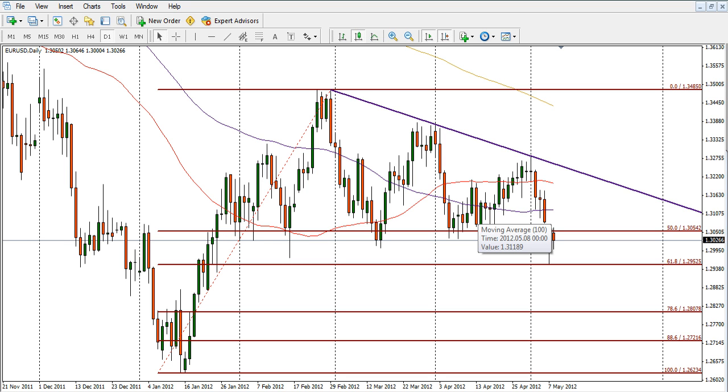In terms of moving averages on the daily, we have this 100 SMA, which is at around 1.3118, and the 55 SMA is at 1.3204. But in terms of getting any more momentum to the upside, I think we need to get a candlestick close above this 50% level.